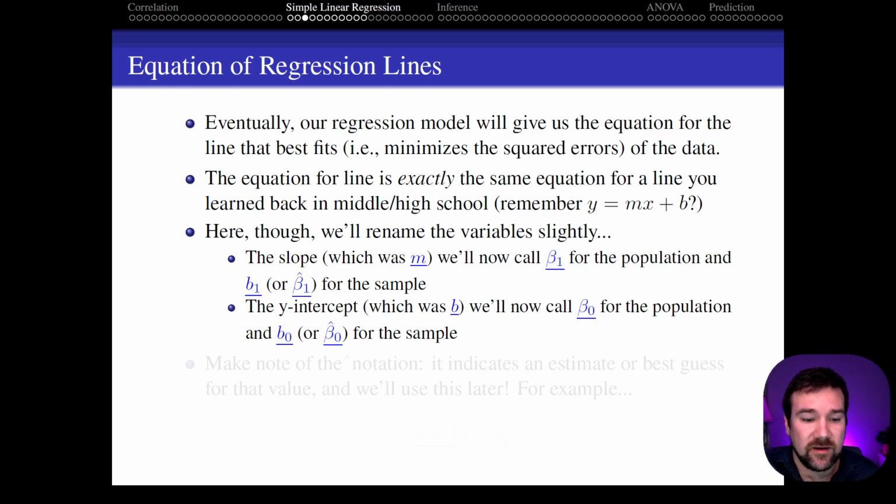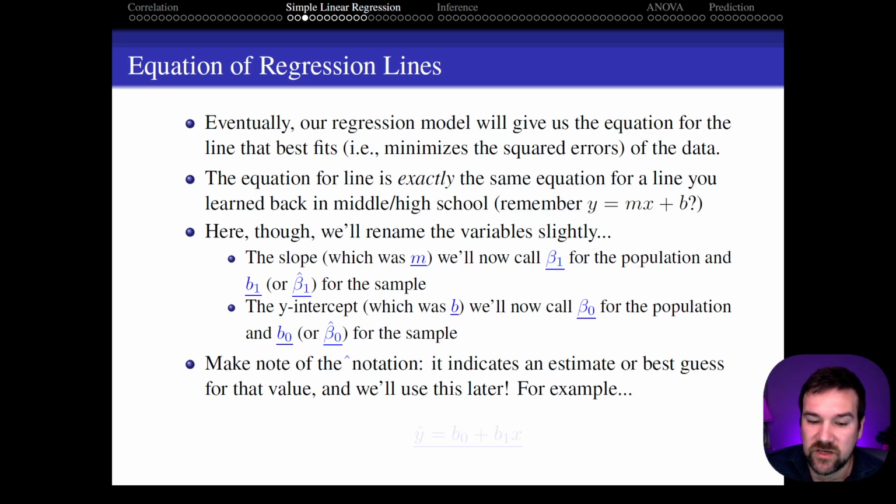So anyway, we're getting rid of the b for the y-intercept, and instead we're now calling that beta 0 for the population value, or b0 or beta 0 hat for the sample value. And again, population versus sample. Population is what's the line if I calculate it for all of the data points in the population. Sample is what's the line if I calculate the best fit line based on my sample data set.